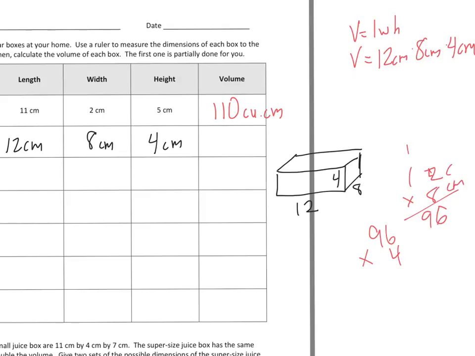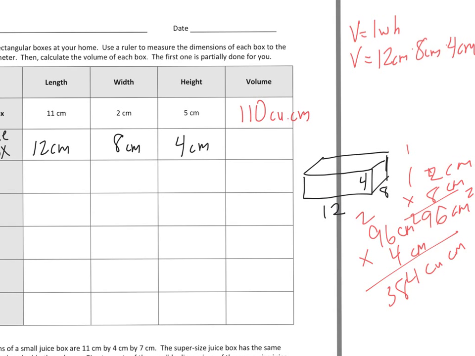I probably should have my units there, because it's not centimeters, it's centimeters squared times 4 centimeters. So I get 384 cubic centimeters. So I slide back over and write that in, 384, and I'm going to write it centimeters cubed, which is a fancy way to write cube to the third power. Again, you'll learn more about that next year.